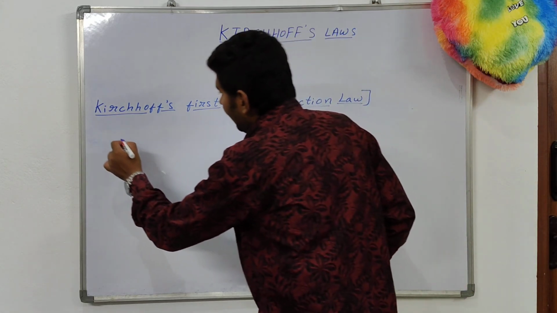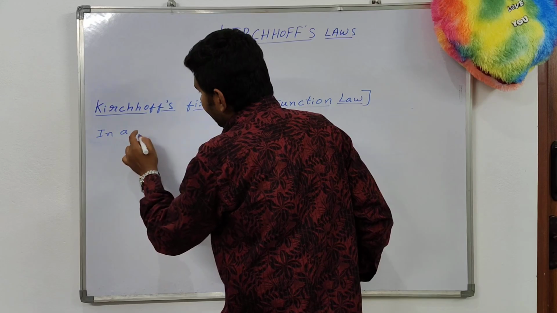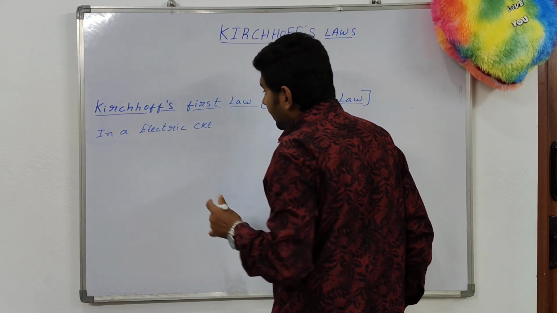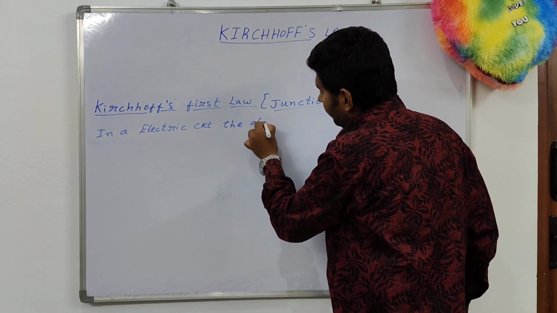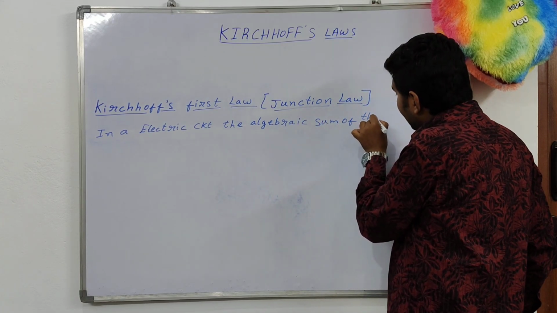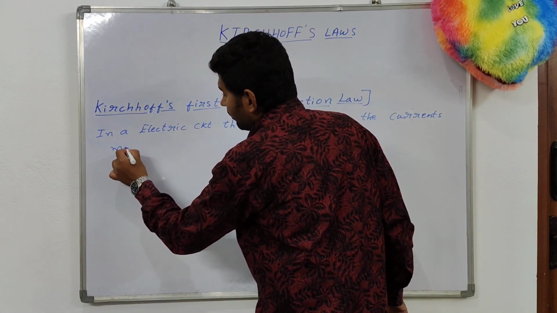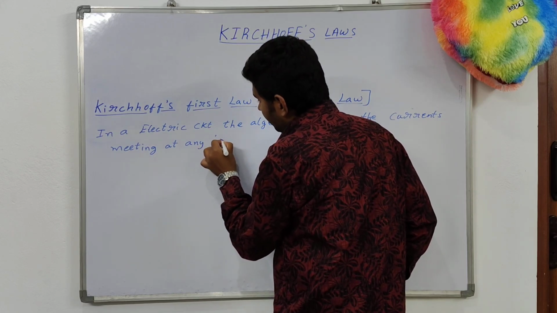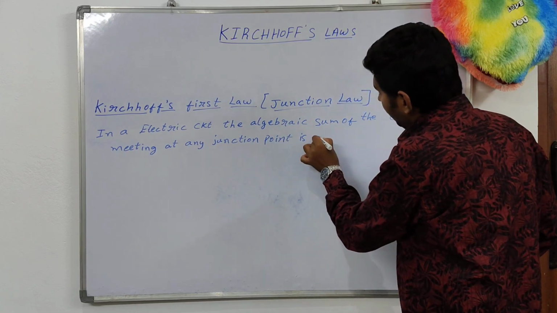According to Kirchhoff's first law, in any electric circuit, the algebraic sum of the currents meeting at any junction point is equal to 0.